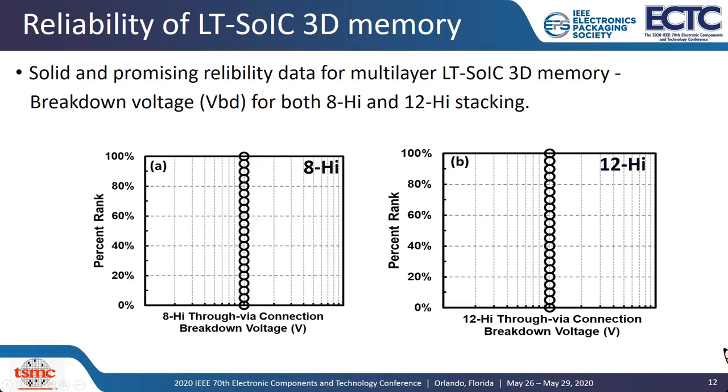To evaluate the reliability of the low-temp SOIC bond, the breakdown voltage and temperature cycle test were measured for the through-via connection in both 8-high and 12-high DRAM memory. Figure A is the accumulated breakdown voltage data for 8-high through-via connection from different samples, and Figure B is the data for 12-high through-via connection.